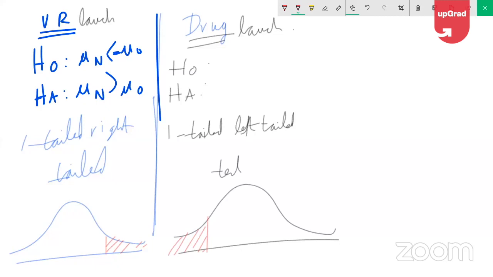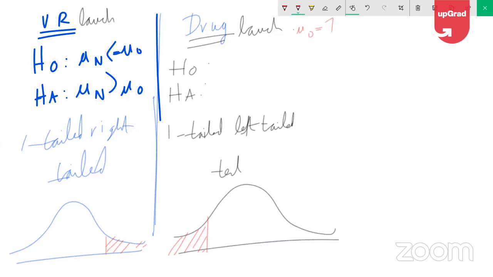The way we look at this problem is, we are looking at all the dengue drugs available in the market today. Dengue is a disease for which we still don't have a known cure. But let's say there are some drugs out there in the market, and the average cure time of dengue for all the available drugs is μ0, and μ0 is equal to 7 days.